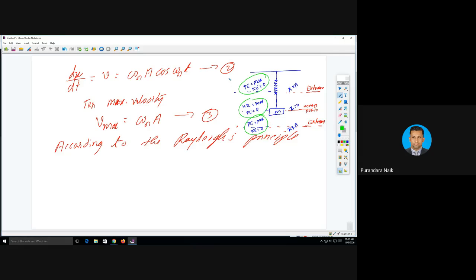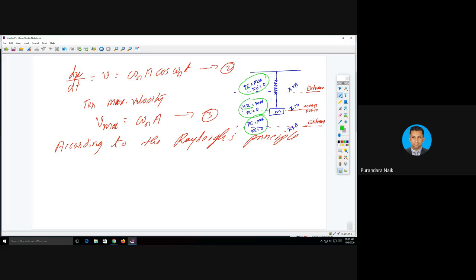According to Rayleigh's principle, at the extreme end potential energy is maximum, but at the mean position kinetic energy is maximum. All the maximum potential energy is converted to kinetic energy at the mean position. You cannot destroy or create energy, but you can transfer it.